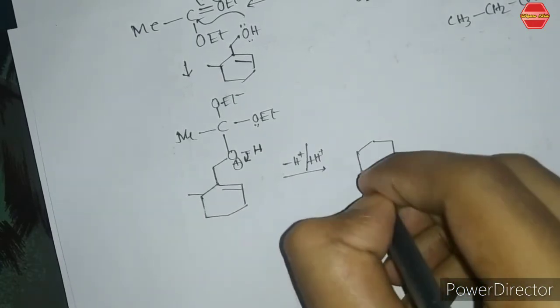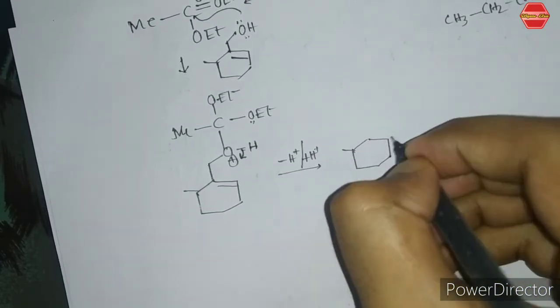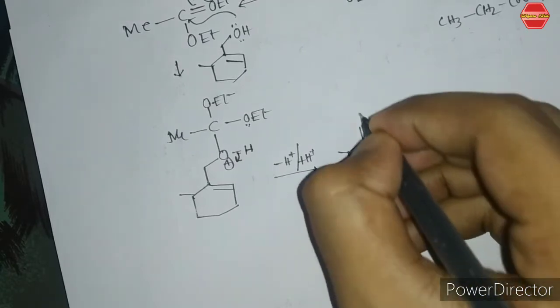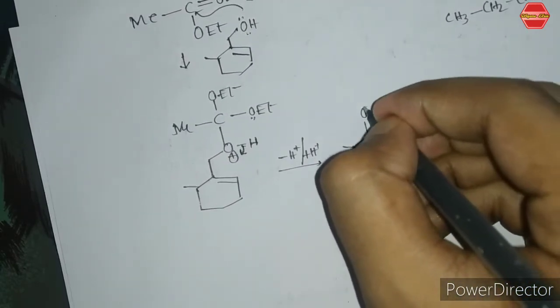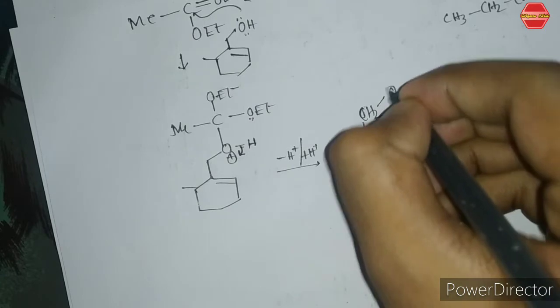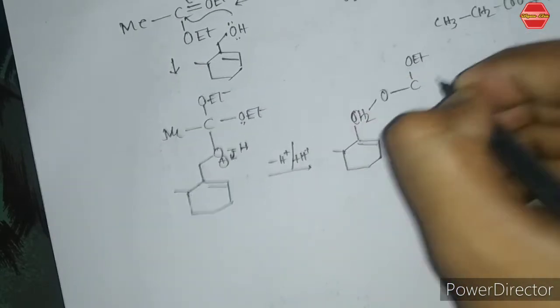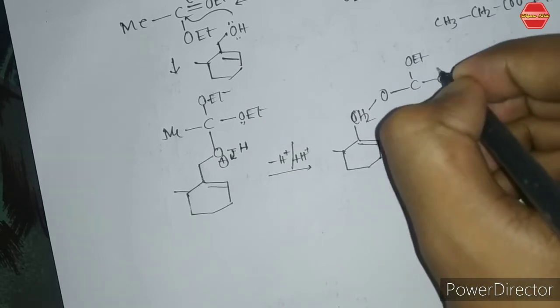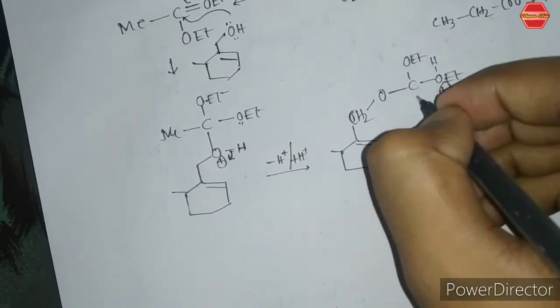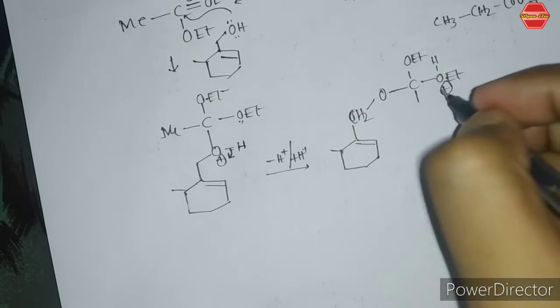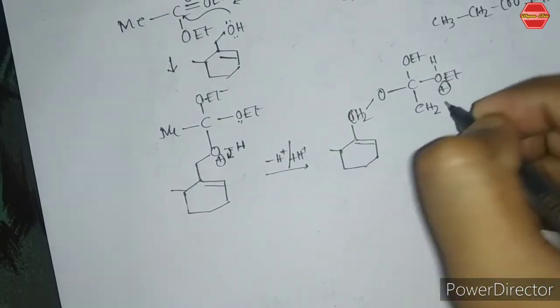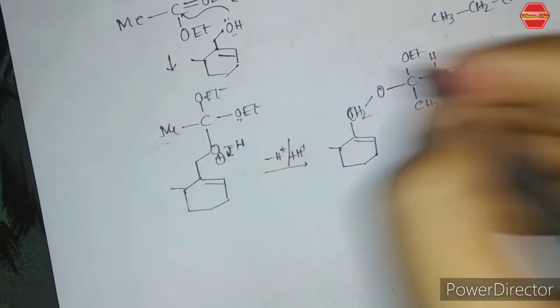Now this one goes here. Sorry, this is CH2 actually. This is O, C, OEt, and this is OEt, and it captured the hydrogen also, like this way. This hydrogen, this methyl group, I am writing this way.